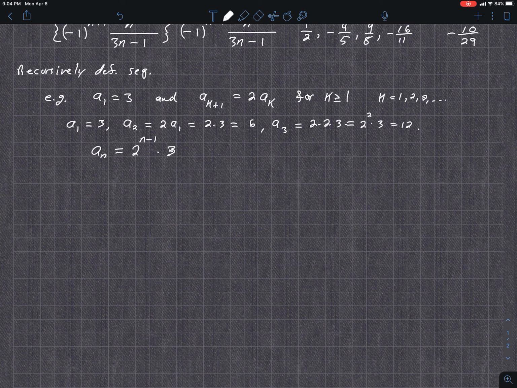Let's look at the definition of limit. So let's jump into that. Okay, so here's the definition. So this is kind of some more heavy-duty stuff that we need to know.